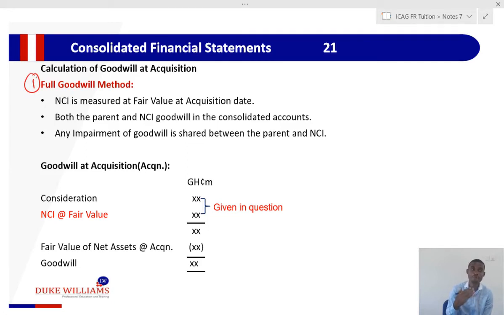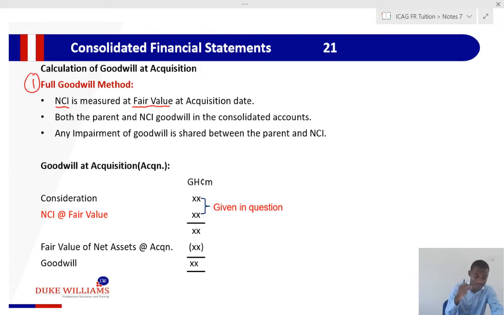So here, when we are using the fair value method, it means that the NCI, the non-controlling interest, is measured at fair value. And often in the exam, we can determine the fair valuation. Sometimes we can be given the share price of the subsidiary that will help us to determine the fair value. Or we can be given the exact value of the NCI. Now, when we use the fair value method or the full goodwill method, it means that the goodwill we calculate is for both the parent and the NCI.